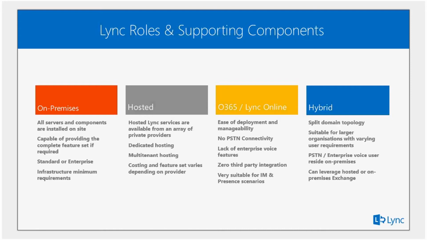For example, in education, where you might have 10,000 students and only 1,000 teachers, or 10,000 students, maybe 300 teachers. The students don't need PSTN connectivity, they don't need to make phone calls. So the subscription model and the cost of education licensing means it makes sense to put them in Office 365, where they can have instant messaging and presence and use the Lync client and use it for long distance learning.